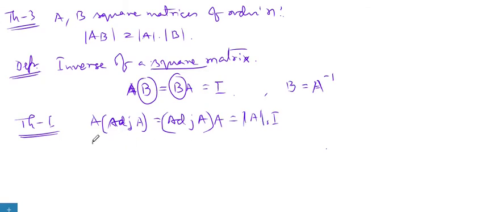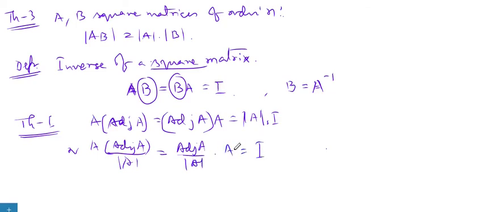So that means it becomes A into adjoint A by mod A equal to adjoint A by mod A into A equal to I.